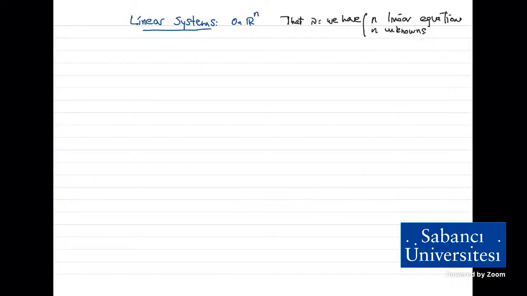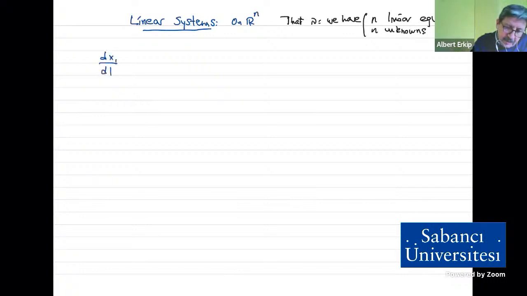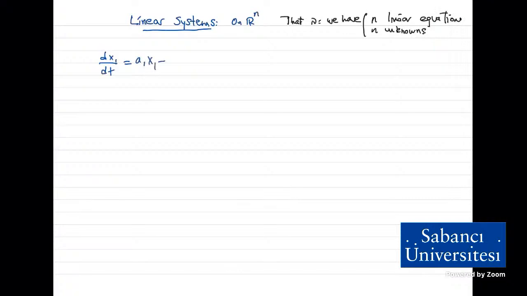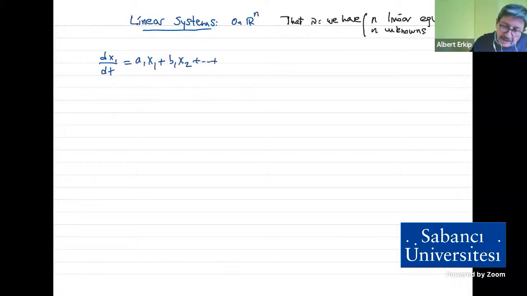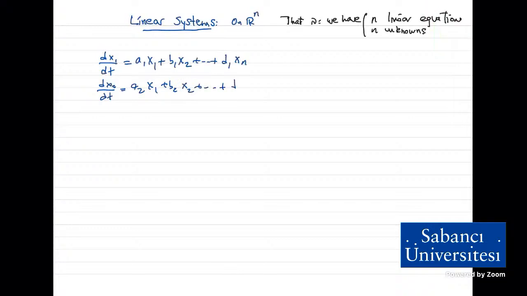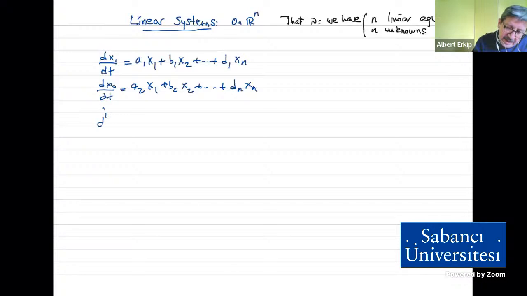So it's something like this: dx1/dt equals a1 x1 plus b1 x2 plus, okay, let's use good letters, d1 xn. dx2/dt equals a2 x1 plus b2 x2 plus, anyway, I'm calling this letter d2 xn, and finally dxn/dt equals an x1 plus, this was d2, dn xn.